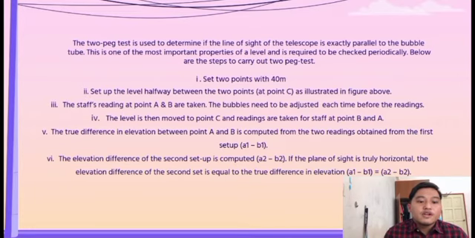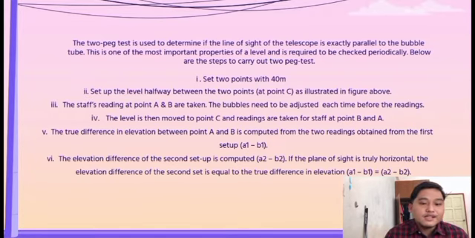Number 4, the level is then moved to point C and readings are taken to the staff at points B and A. Number 5, the true difference in elevation between points A and B is computed from the two readings obtained from the first setup, A1 to B1.